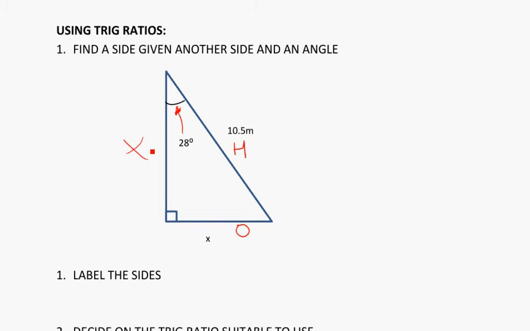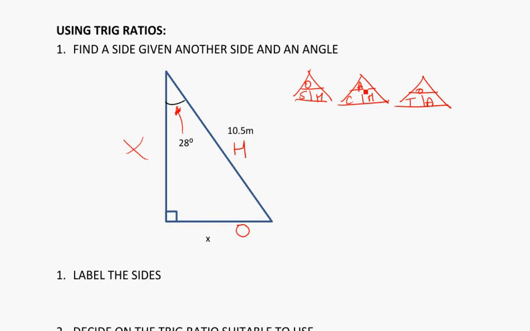Now we look at our triangles. In fact, I'll draw them again here, and we're going to decide which one we're going to use. So, SOH, CAH, TOA. Okay, we want the ratio with an O and an H in it.